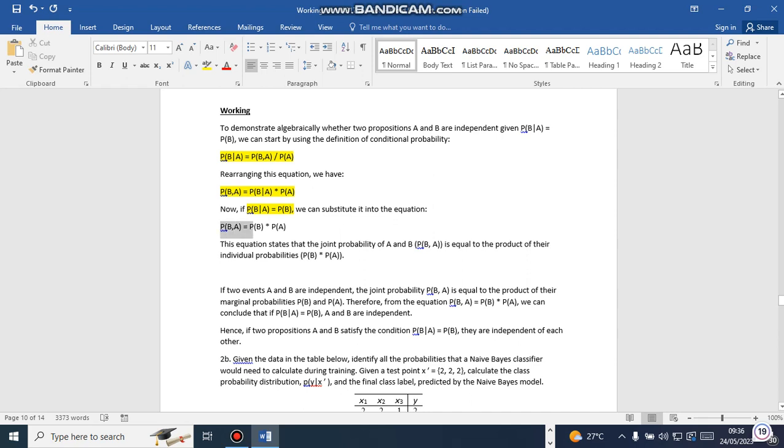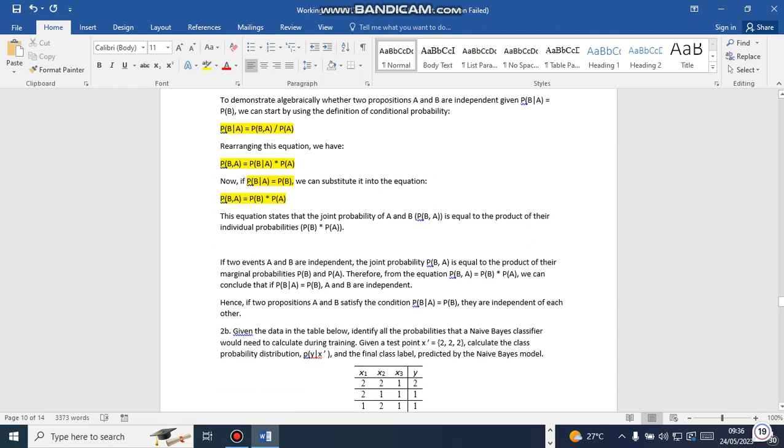Therefore, the probability of B and A is equal to the probability of B multiplied by the probability of A. This equation states that the joint probability of A and B is equal to the product of their individual probabilities.